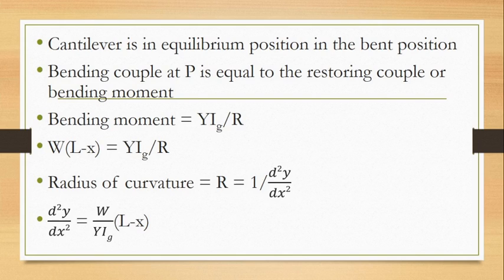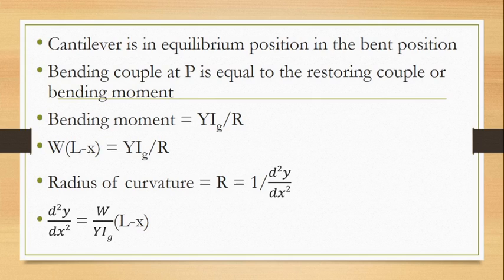So W into L minus X is equal to YIg by R, where Y is the Young's modulus of the material of the beam, Ig is the geometrical moment of inertia, and R is the radius of curvature.